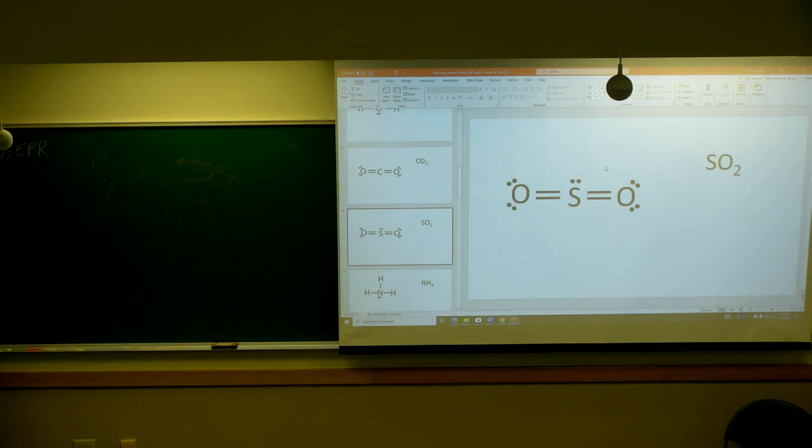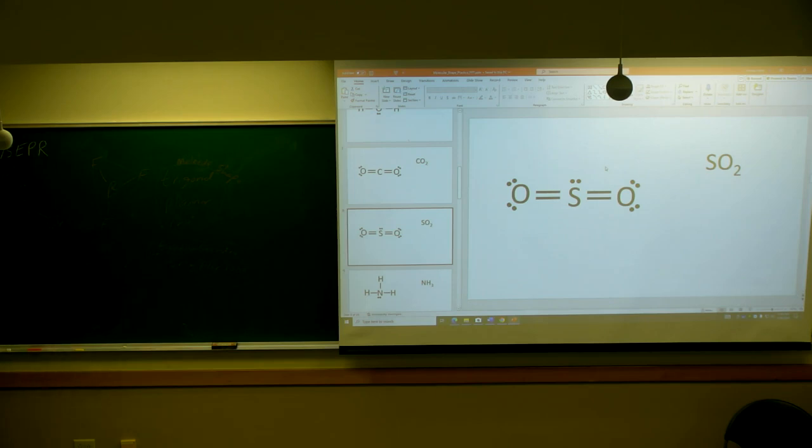But I'll say electron, I got that backwards. So really what you look at first is electron geometry.